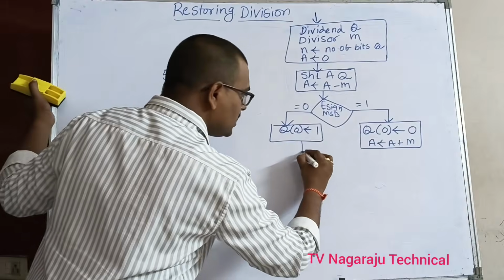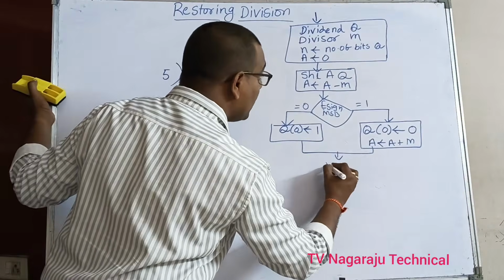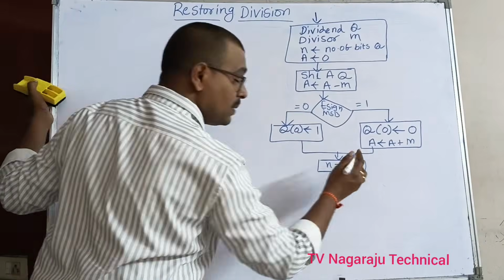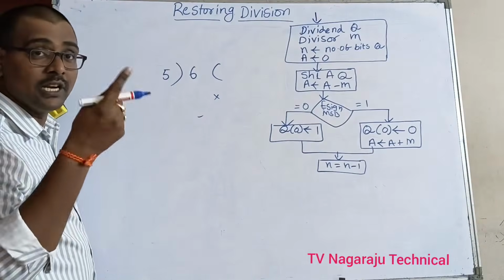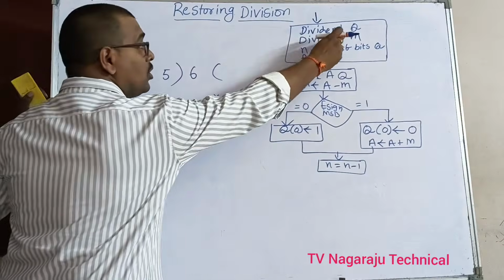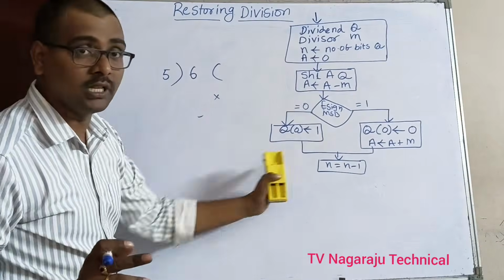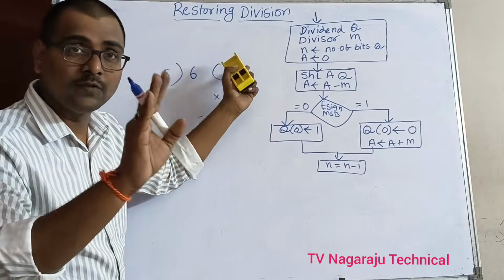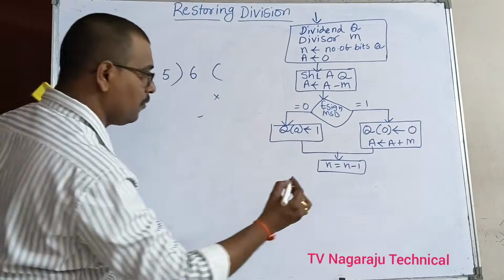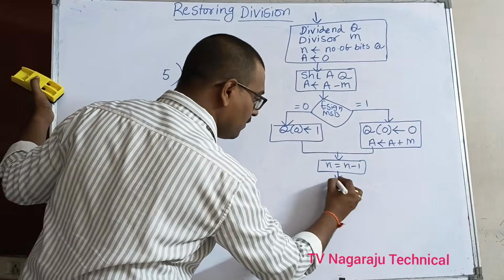Now, what is the next step? Decrement the n value by 1. n specifies the number of bits. In each iteration, one bit of Q is moved to A. Suppose Q contains 5 bits; this operation is repeated 5 times. If Q contains 4 bits, all 4 bits are shifted left, so the operation is repeated 4 times. Now check the n value.